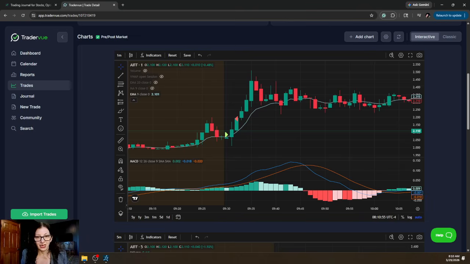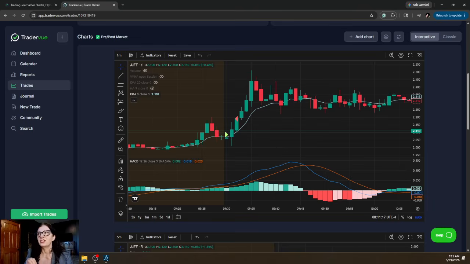If the 9 EMA is saying one thing and VWAP is saying another thing and the MACD is saying another thing, that's a red flag. There's some indecision, there's something not working there, but you want to look at all the indicators pointing in the same direction.